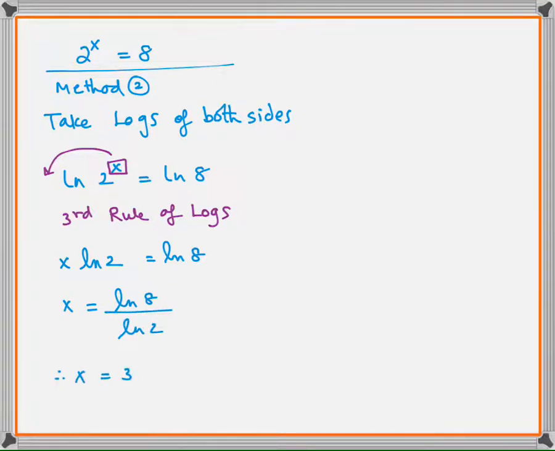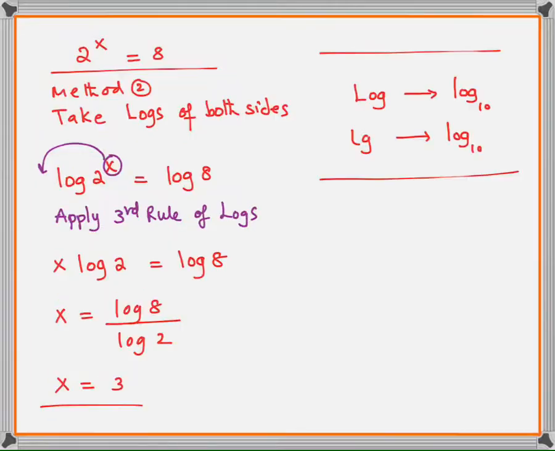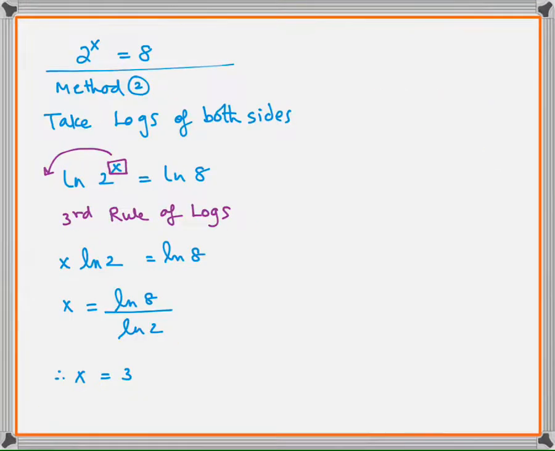Now I just want you to avoid a misconception: lg 8 and ln 8, that's different. lg 2 and ln 2 is different. But lg 8 over lg 2 is the same thing as ln 8 over ln 2. That means you are most welcome to use log. You are most welcome to use ln.